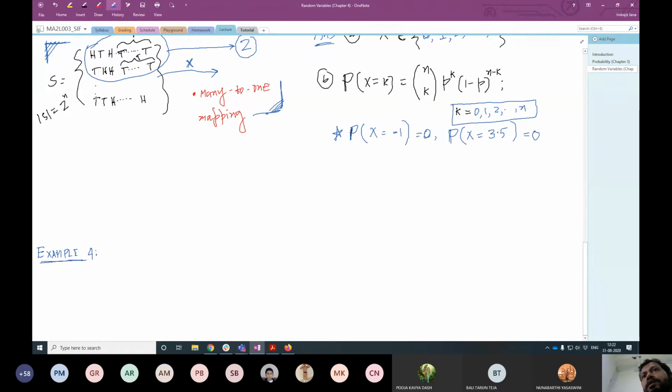This is kind of a continuation of the previous example. Again we have a coin, and the success probability, the probability of getting a head, is p. Now in this experiment, we do a slightly different style.